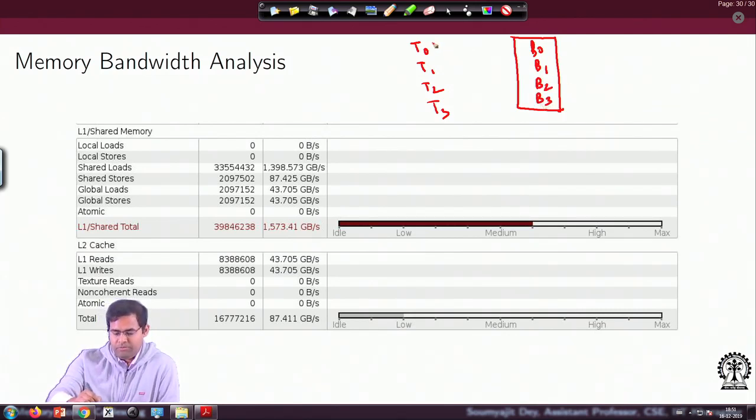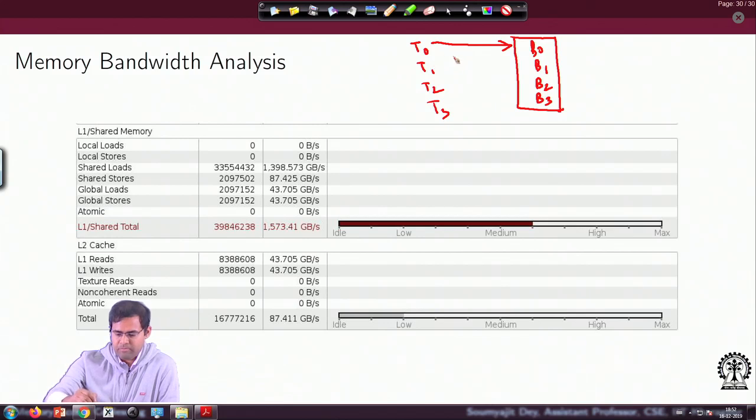Now, if the access pattern is regular like this, then there is no bank conflict, right. This we have already discussed.